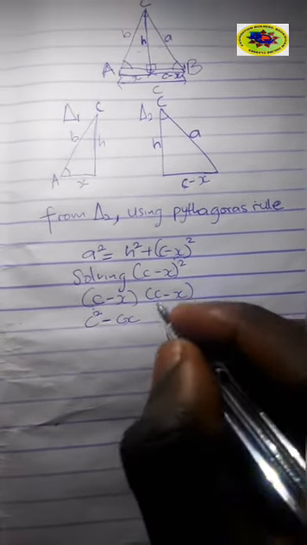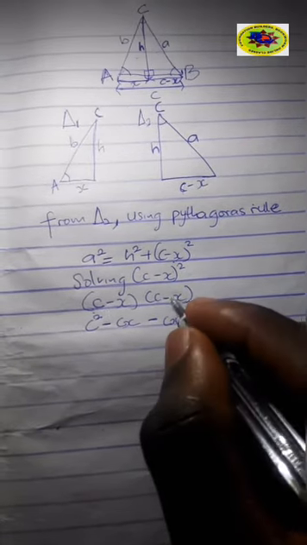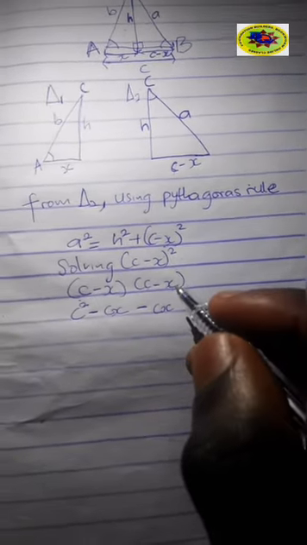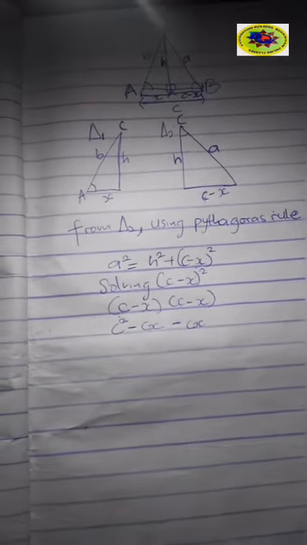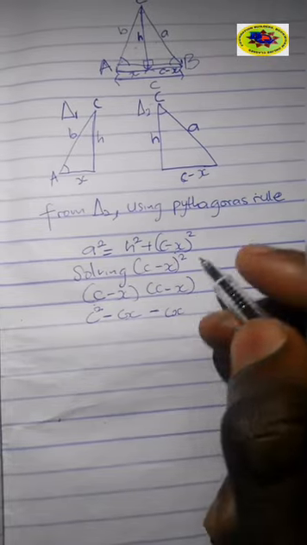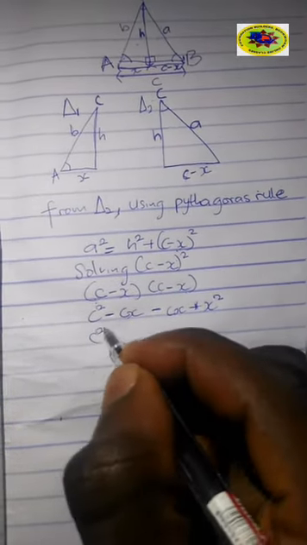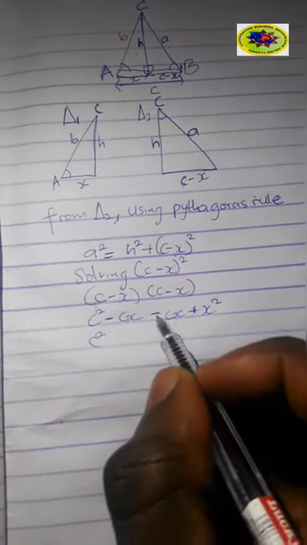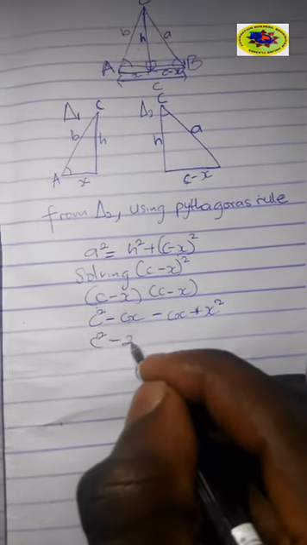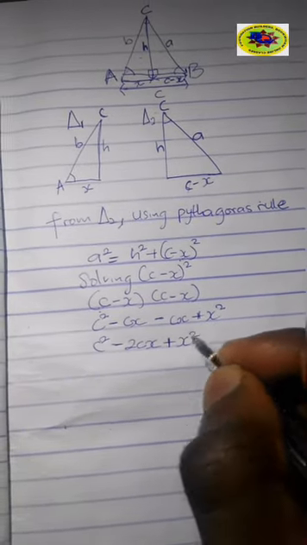Minus x times c will also give minus cx, and minus x times minus x will give plus x square. So c square minus 2cx plus x square.